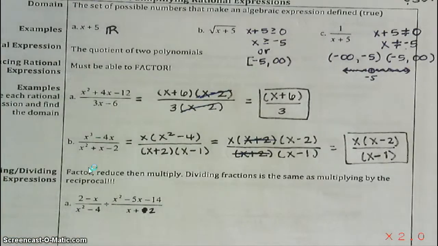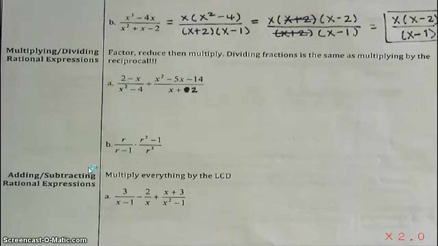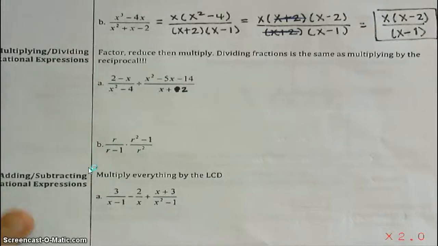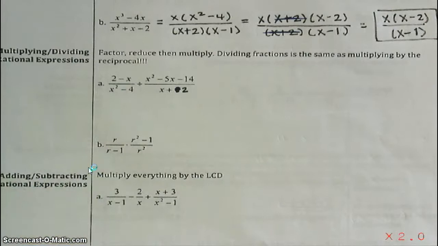The next part that we're going to do is multiplying and dividing rational expressions. Here we go. What you need to know is that when you divide by a fraction, you can just multiply by the reciprocal, and it's good to factor, just like we did before.